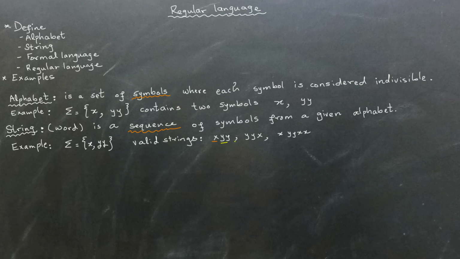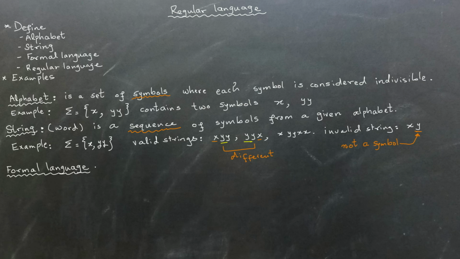Note that although XYY and YYX are both composed from the same two symbols, they are different strings, as in a sequence order matters. However, a string like YX would not be valid because a single Y is not a symbol in the alphabet. Based on the above definition, let's now define a formal language.